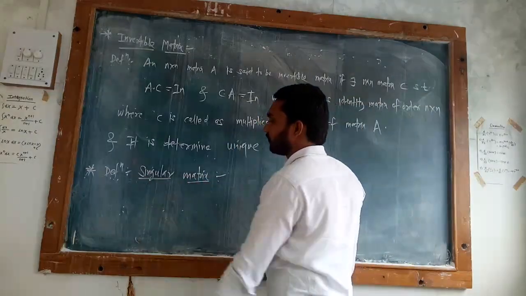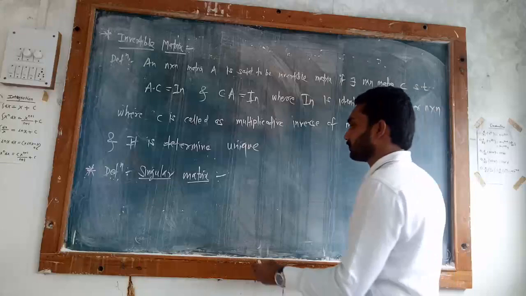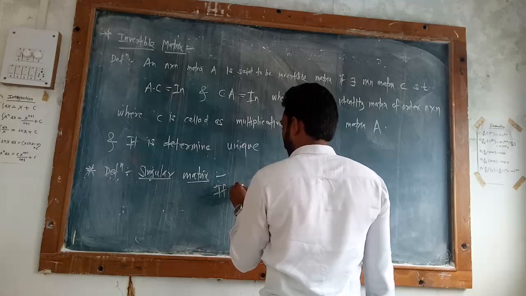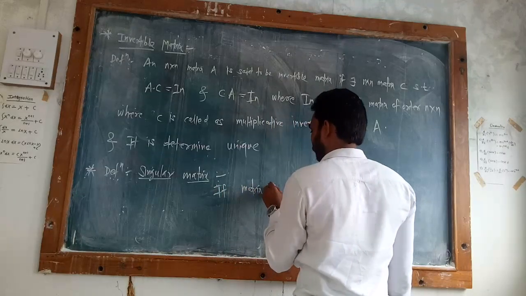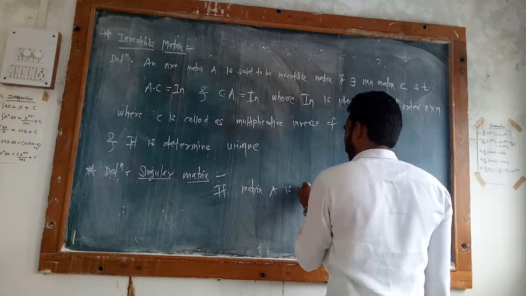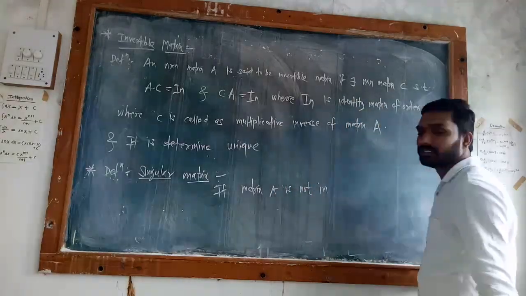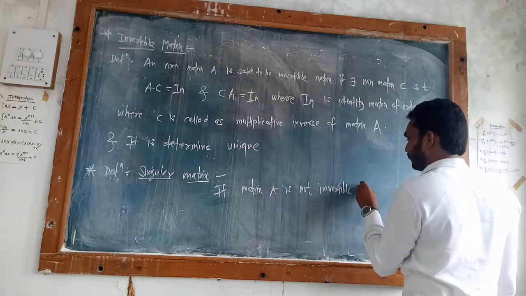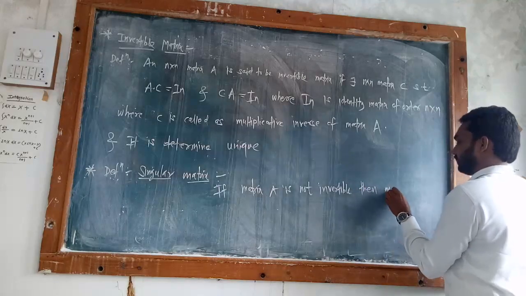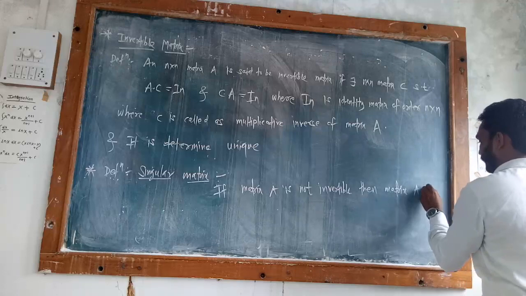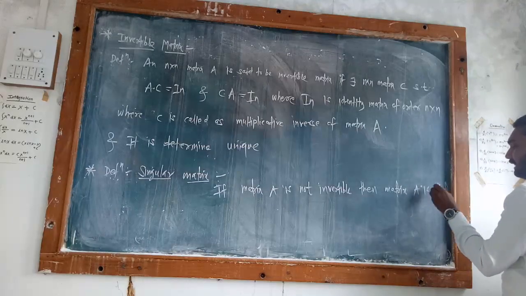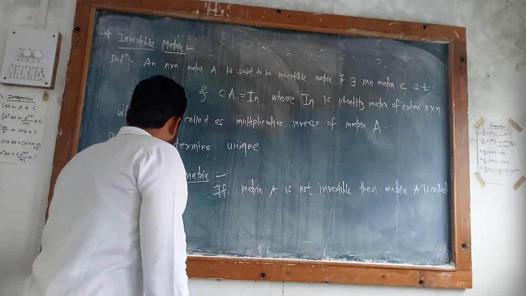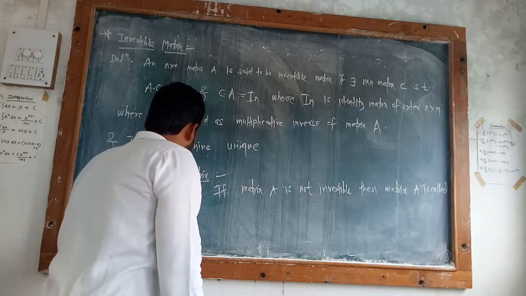So what do you mean by singular matrix? If matrix A is not invertible, then matrix A is called a singular matrix.